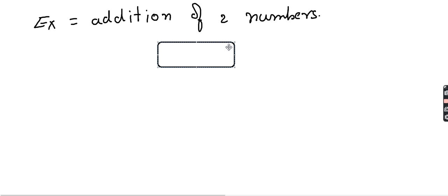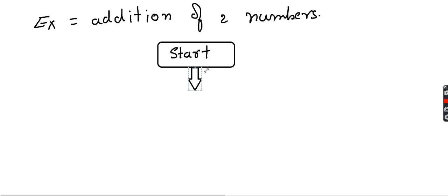It basically indicates the beginning and ending of the algorithm. So I start. Then I use an arrow line, the flow line. What is the use of a flow line? It shows the direction of the flow and connects the various flow chart symbols.